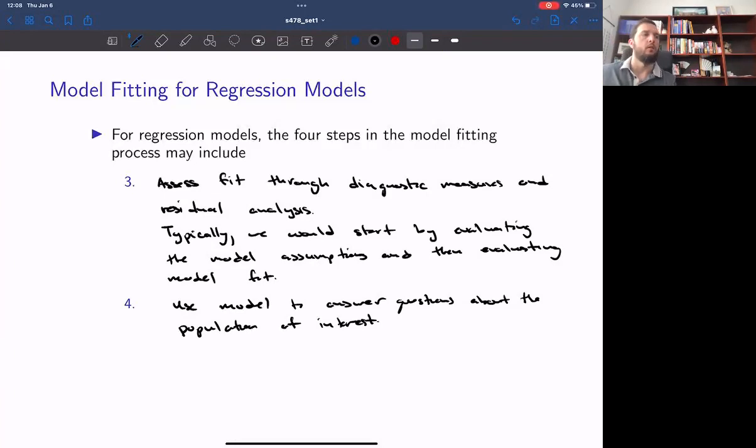Okay, and this can be done in a number of different ways. And the questions can vary depending on what it is that you're interested in studying. For example, if you're interested in looking at the relationship between the response and the predictors, inference about the model parameters would serve as a natural way of studying the influence of a predictor on a particular response variable.